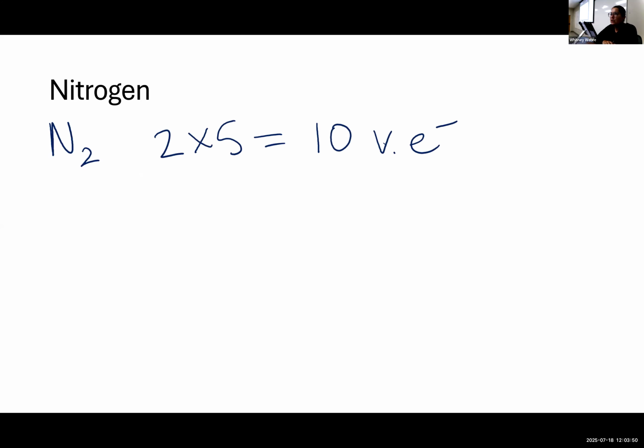In total, I need 10 electrons around these nitrogens. There's only 2, so I don't need to think about which one's the central atom. It's just a nitrogen and a nitrogen. Much simpler than the previous slide for formaldehyde.